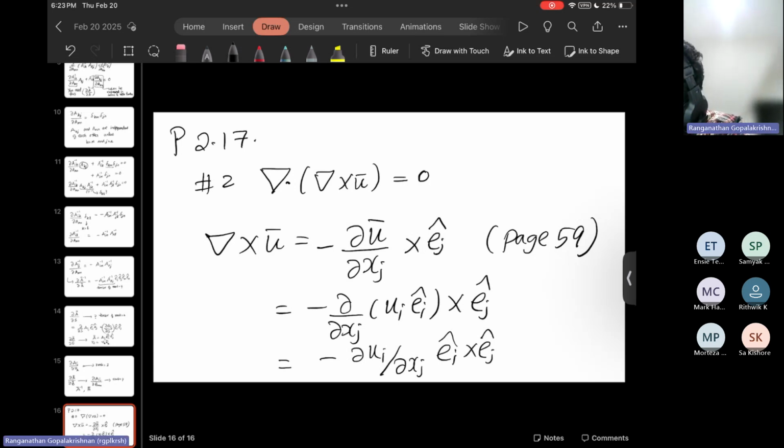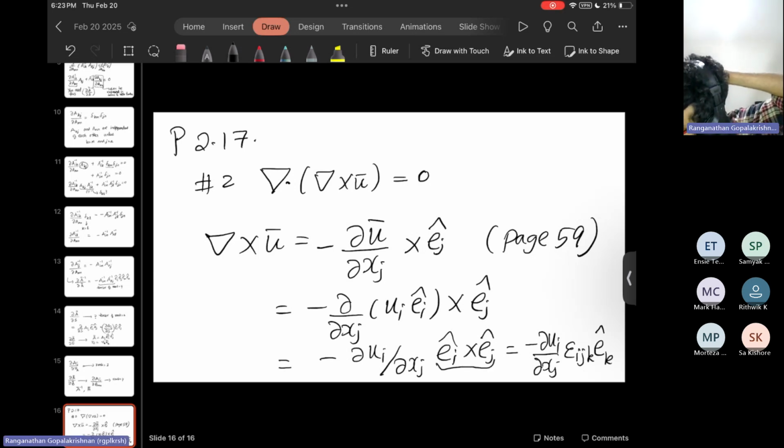Ei cross ej is epsilon ijk ek, so this is negative partial derivative of ui with respect to xj, epsilon ijk ek. Because the magnitudes or components of ei and ej are just 1 and 1, I don't have to write them. I just multiply by ek. Are we together so far? Yes. Yeah. Others? Okay.